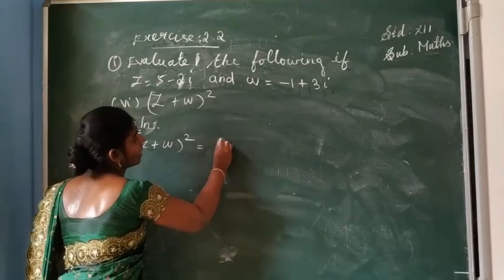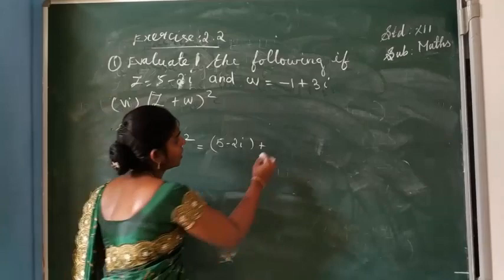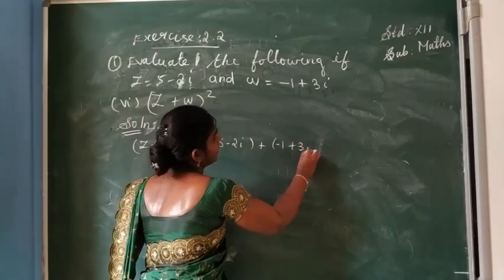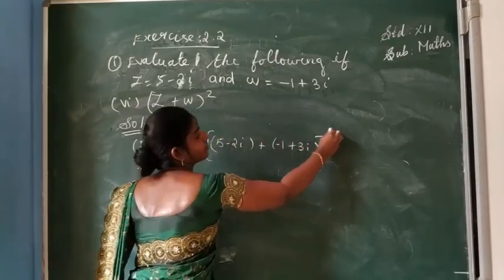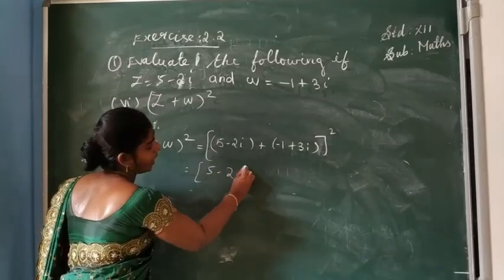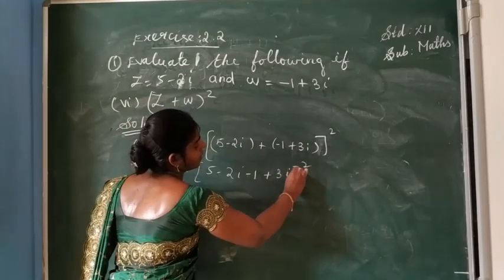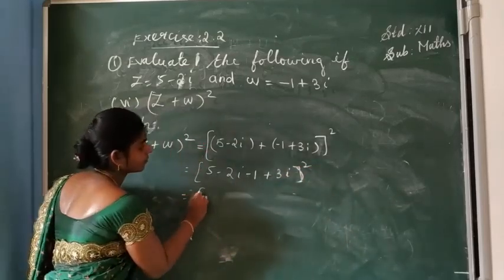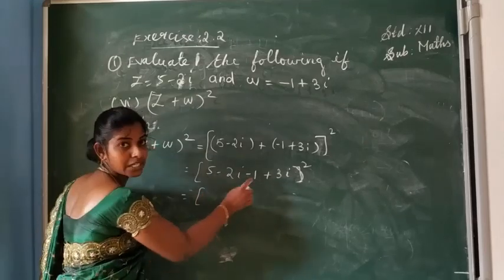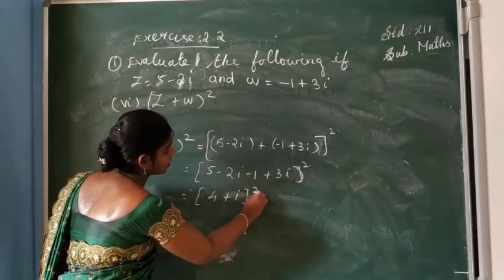Z value 5 minus 2I plus W value minus 1 plus 3I the whole square equal to 5 minus 2I minus 1 plus 3I the whole square equal 5 minus 1, the value is 4 plus I the whole square.